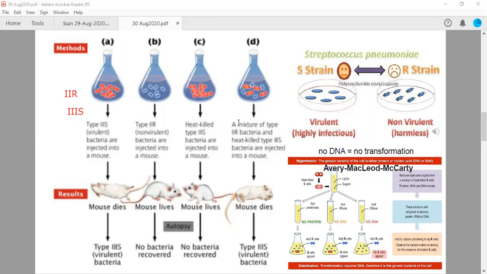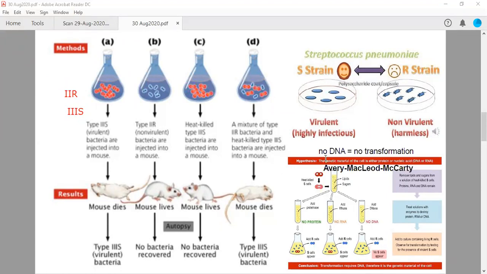So a mixture of type 2 R bacteria and heat-killed type 3 S, when injected into mice, will die. If you do an autopsy, you will find that type 3 S virulent bacteria are recovered from the dead mice, whereas you injected only heat-killed type 3 S. This was the first experiment in which transformation was noticed, in 1928.